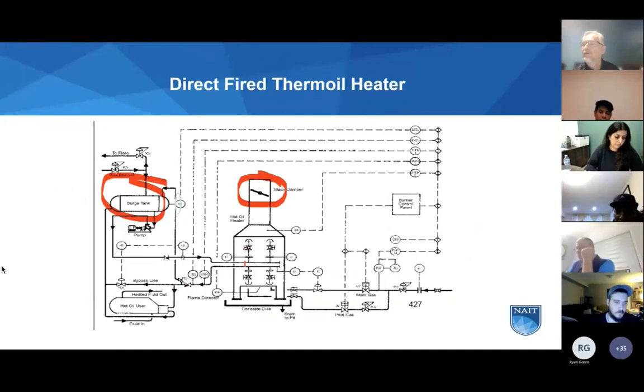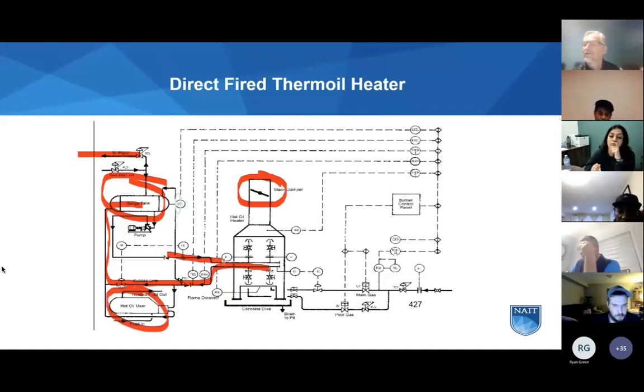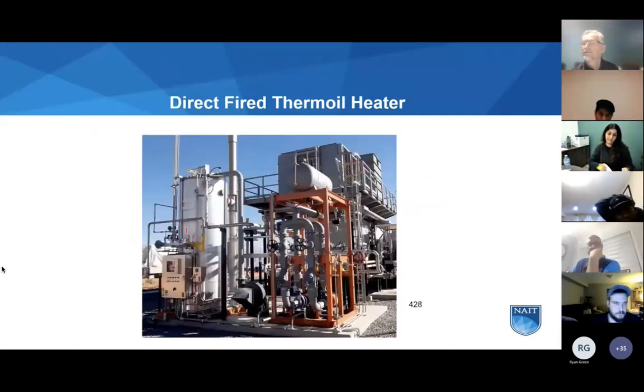So we're heating oil and it's going from the tubes in the furnace into a surge tank and supplied to users, exchangers for heating, and then returned to the furnace. If there's a safety valve on this system, it's going to go back into the surge tank.